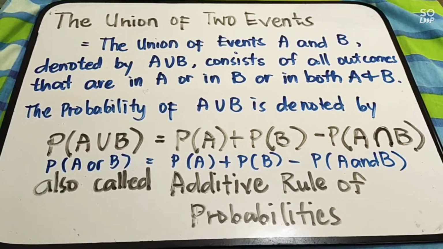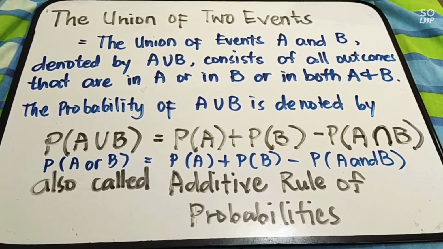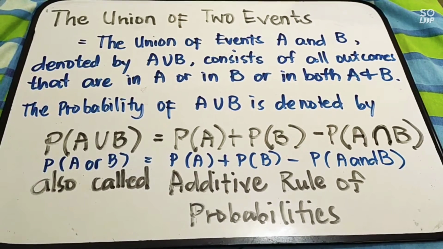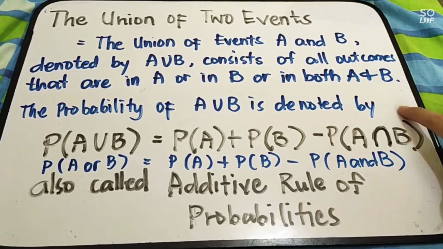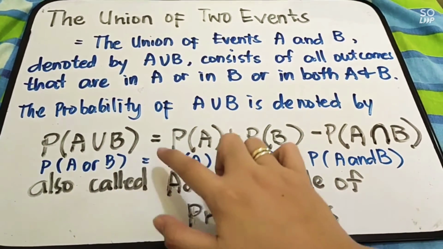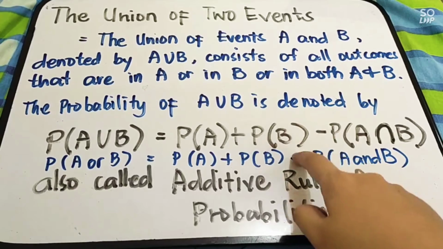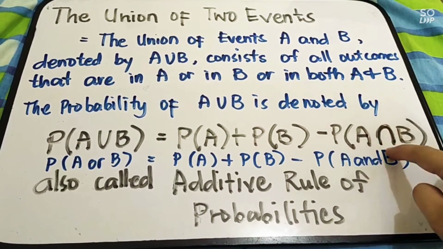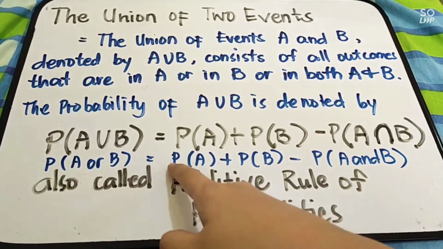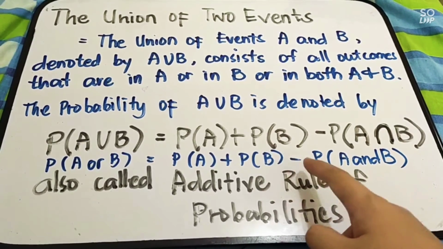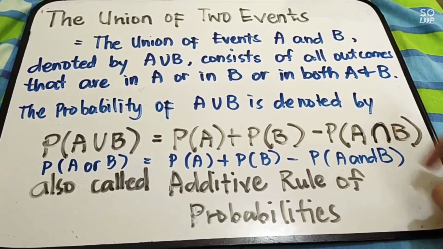The union of events A and B, denoted by A union B, consists of all outcomes that are in A or in B or in both A and B. The probability of A union B is equal to the probability of A plus the probability of B minus the probability of the intersection of A and B. Or you may write this as P of A or B is equal to P of A plus P of B minus P of A and B. Or means union and and means intersection.